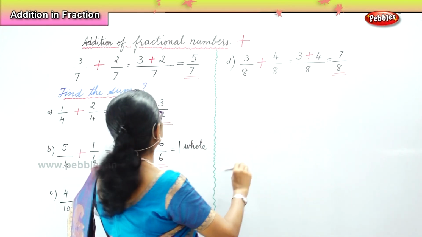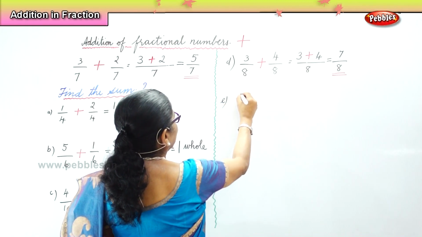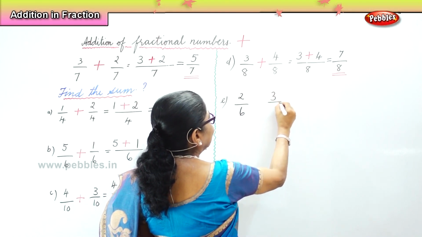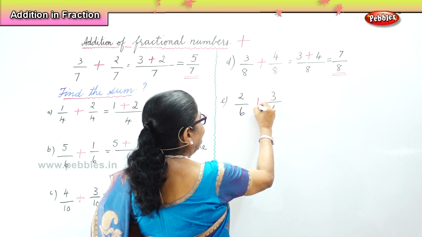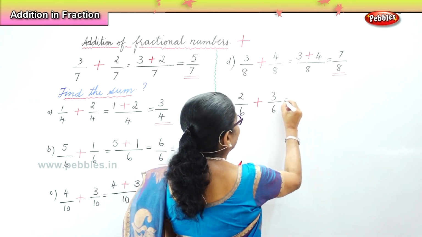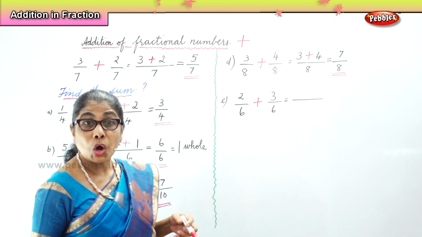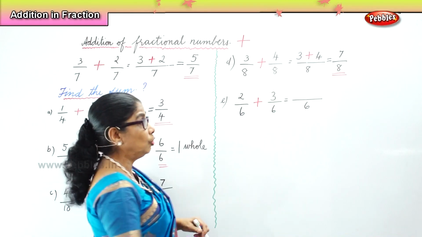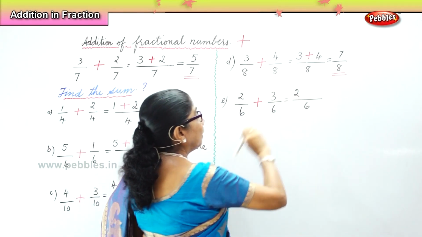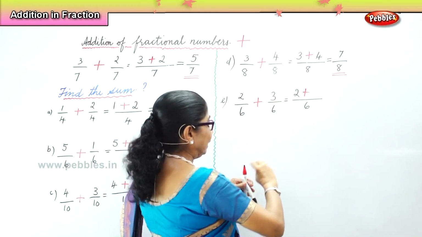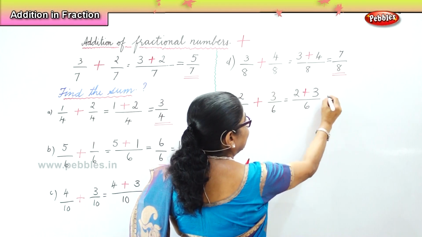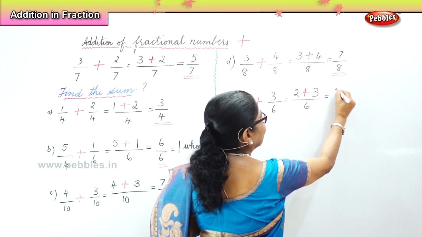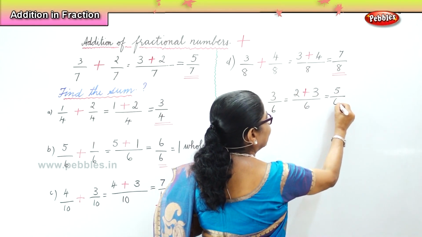Okay, let's work out another sum. 2 by 6 plus 3 by 6. So we're going to add 2 by 6 and 3 by 6. Again here, the denominators are same. You simply put in the denominator and you add the numerators. What is it? 2 plus 3. What is 2 plus 3? 2 plus 3 is 5 and our denominator is 6.